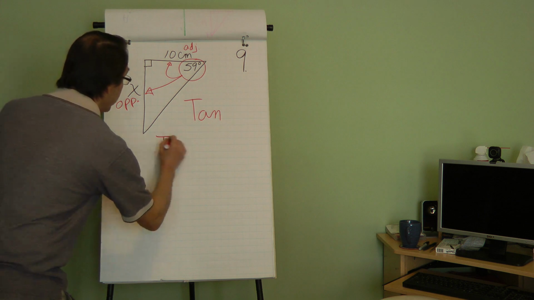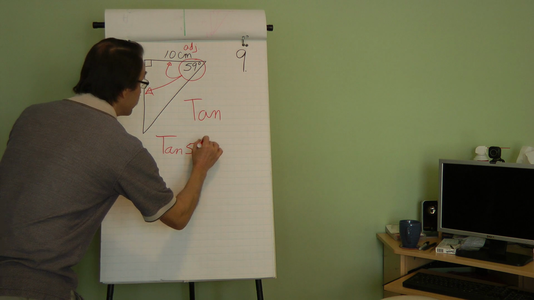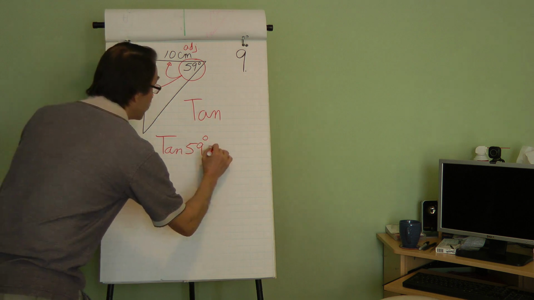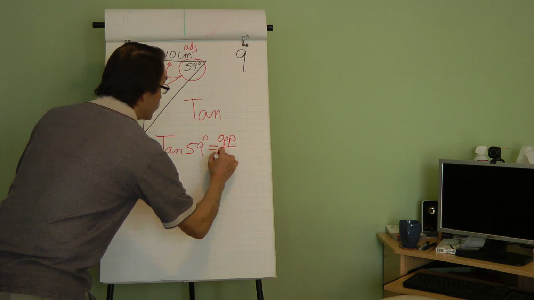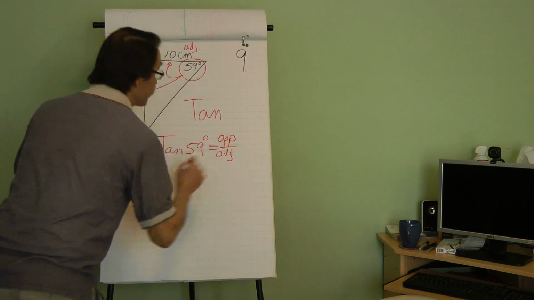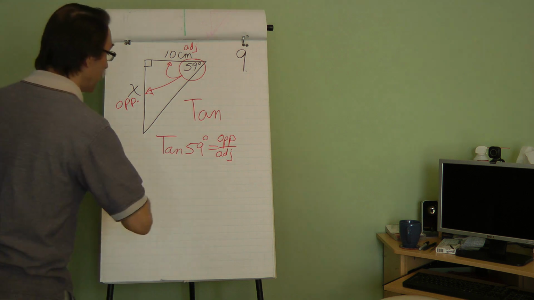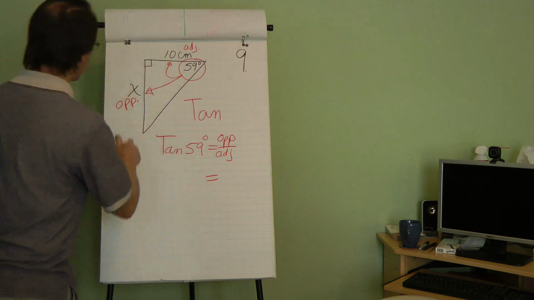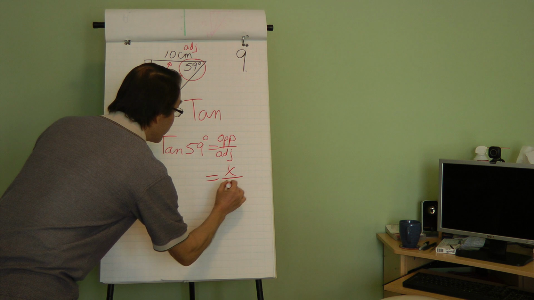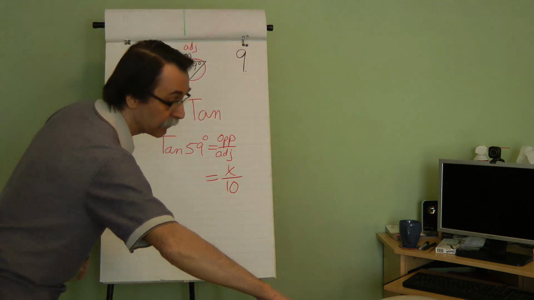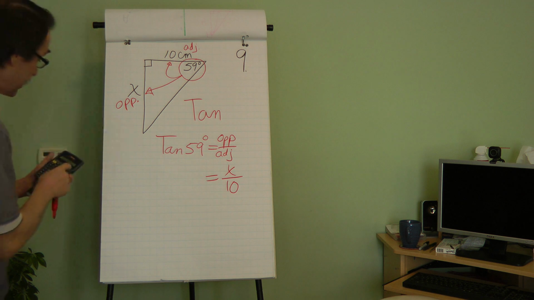We have tan 59 degrees is equal to opposite over adjacent, and opposite over adjacent is going to be x divided by 10, and I'll take my calculator here, and I'm going to need to know what the tan of 59 is.